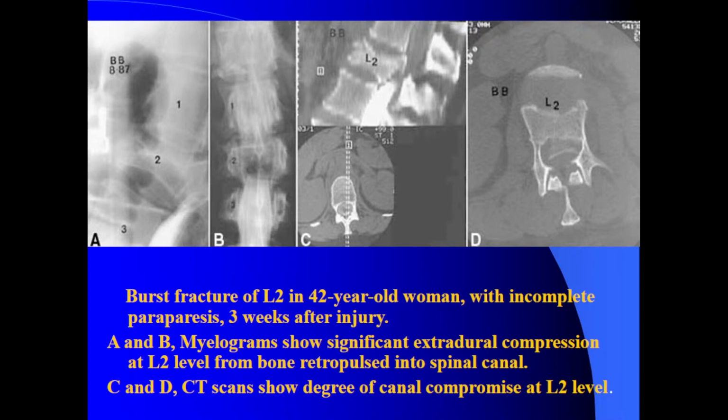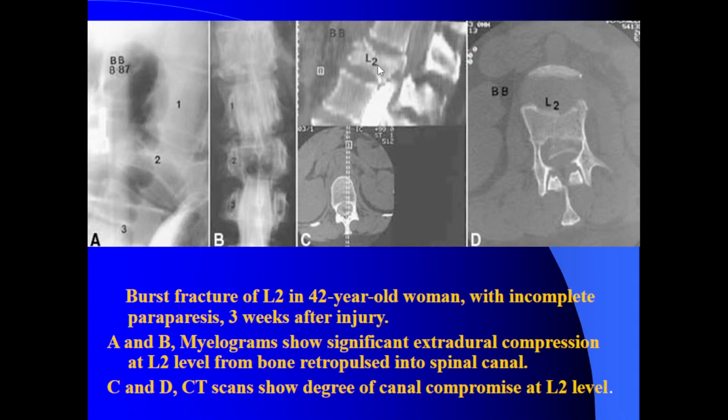So as you can see on the myelographic pictures, we have extradural compression at the level of L2 from a retropulsed area. Here on the CT scan imaging, you can see the burst fracture of L2.